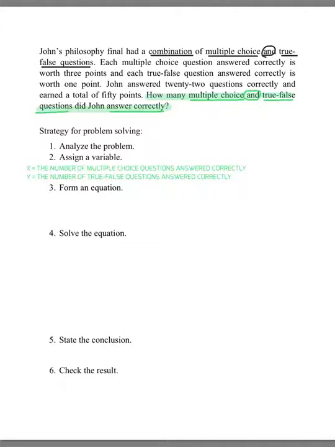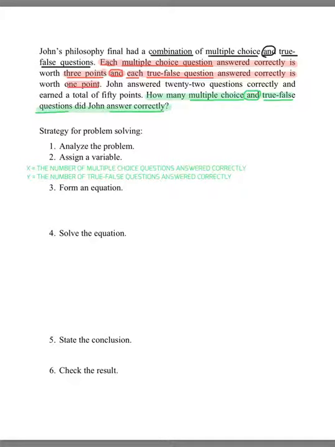Those are key things, so I'm going to underline that as well.